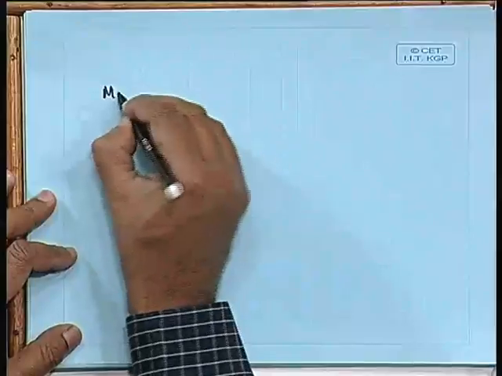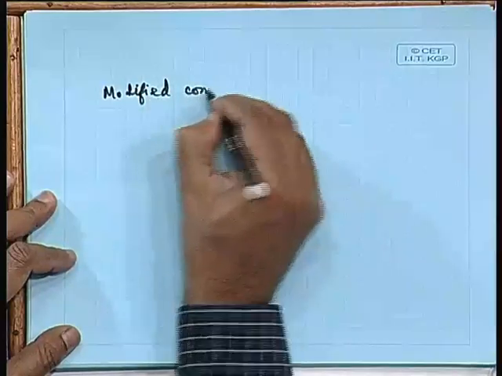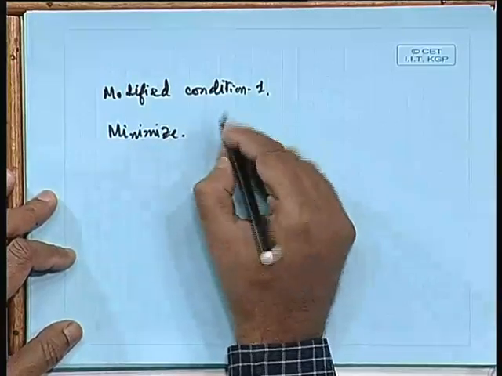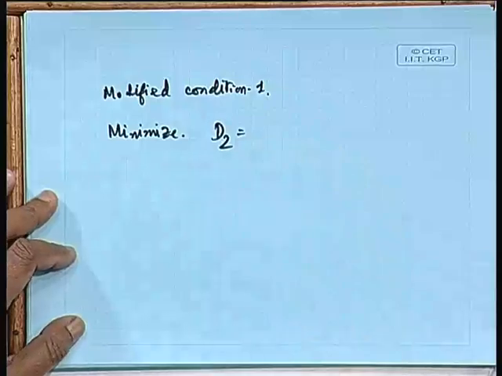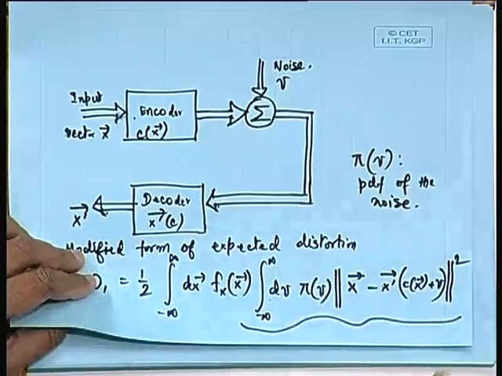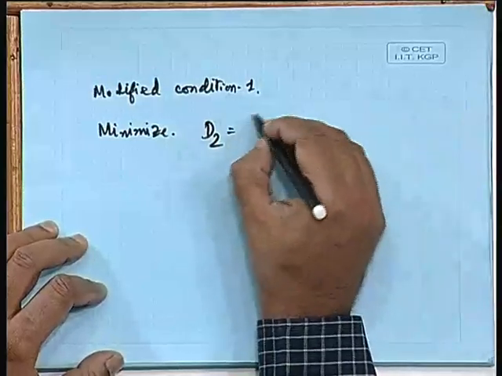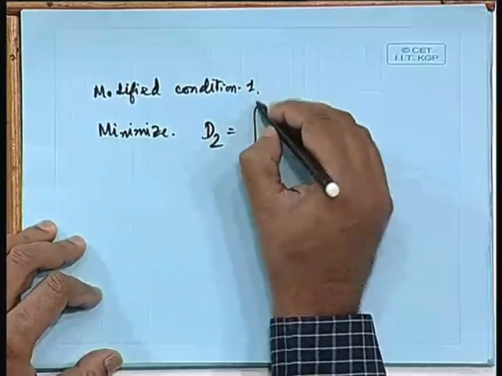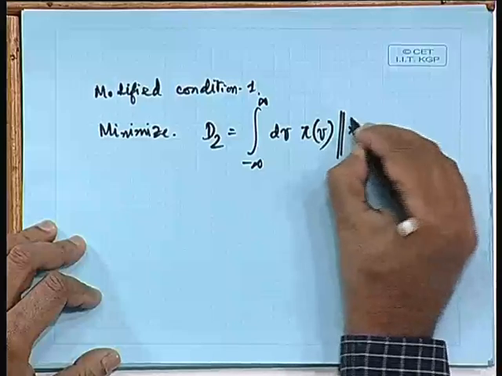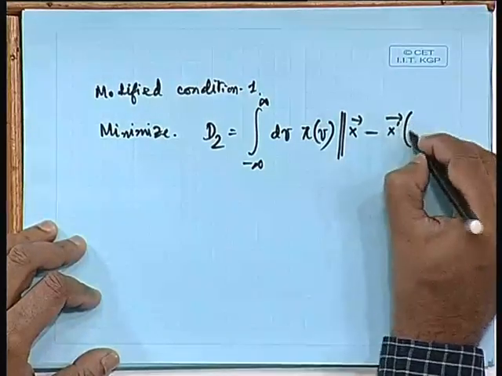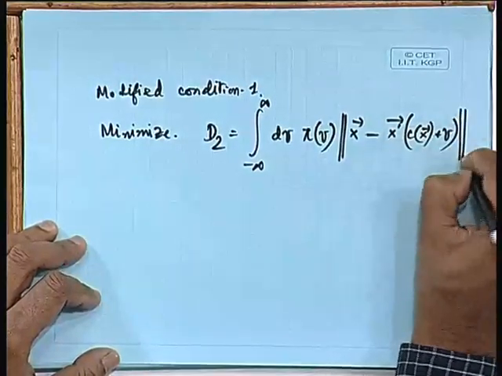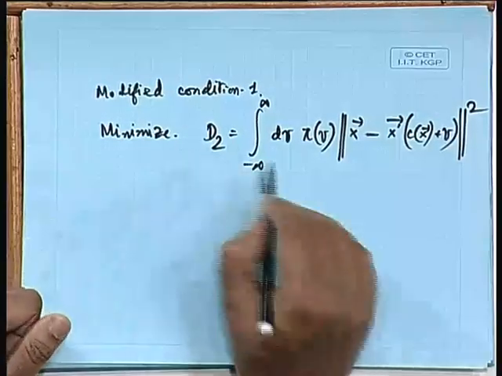The modified condition 1 is to minimize a distortion measure D2, defined as the integral from minus infinity to plus infinity d nu pi of nu, times the squared norm of the Euclidean distance x minus x prime, whose argument will be Cx plus nu. So, that becomes our D2.